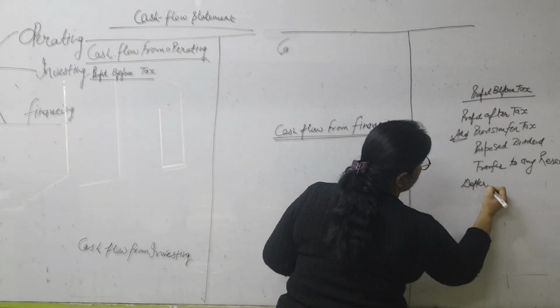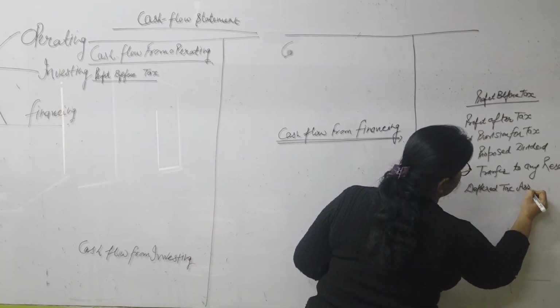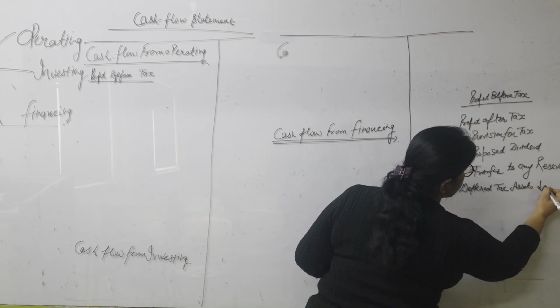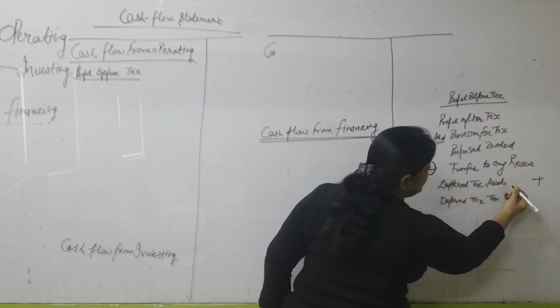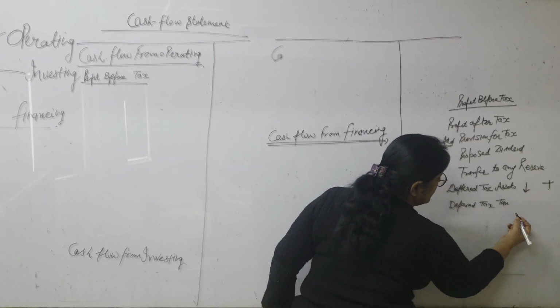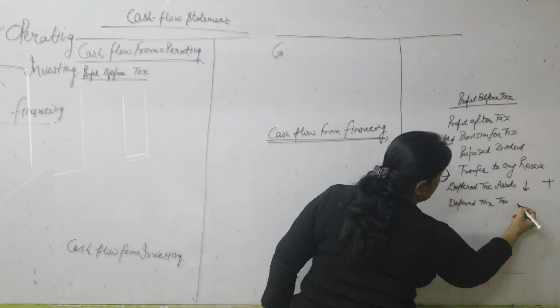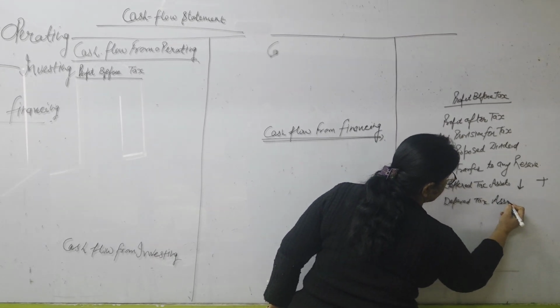deferred tax assets. If decreases, then add deferred tax assets decreased, then you have to add this deferred tax assets.